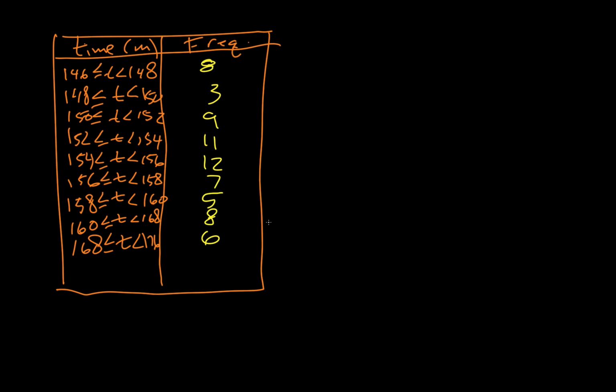Okay. So the data shows the results of a women's marathon at the 2008 Olympics for all competitors who finished the race. Add a cumulative frequency column. Okay. So all cumulative frequency means is that we add it up as we go.